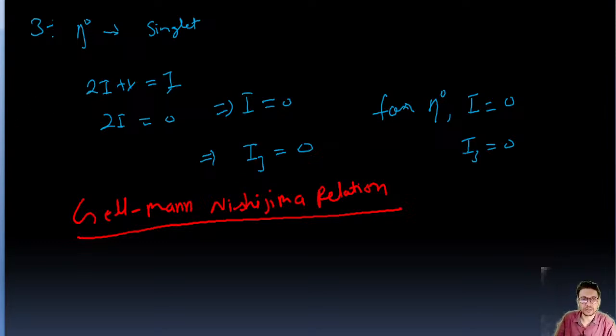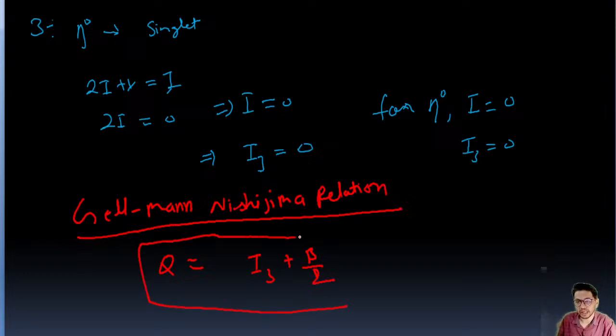This is Q equals I3 plus B by 2, where B is the baryon number, guys.